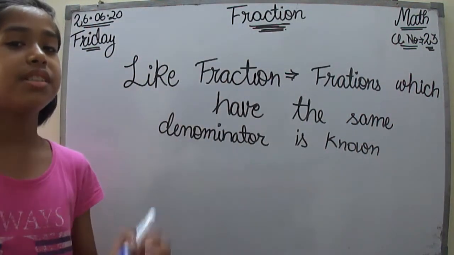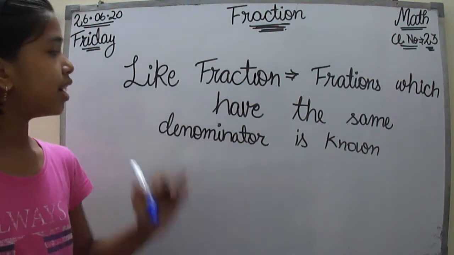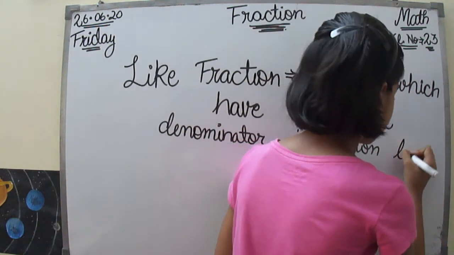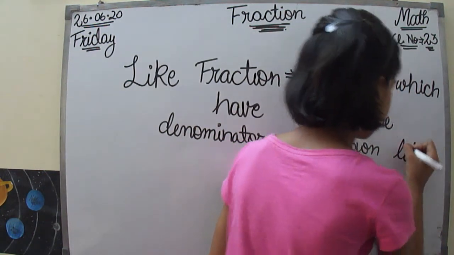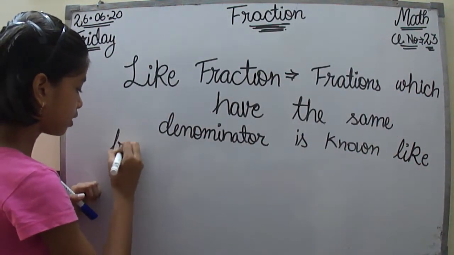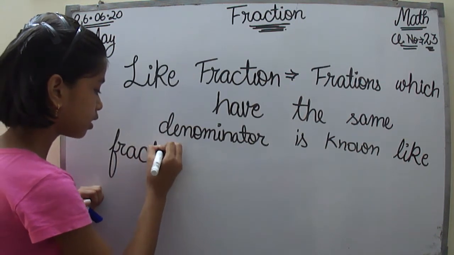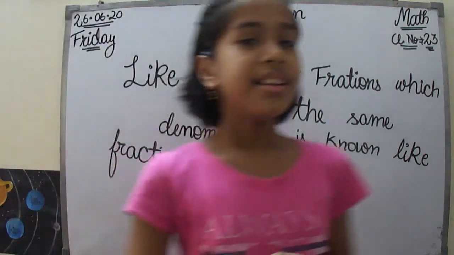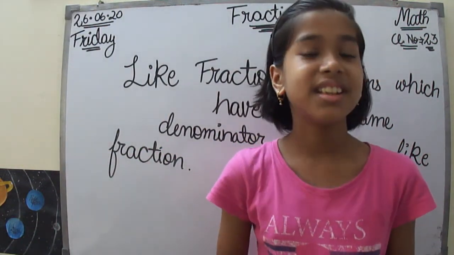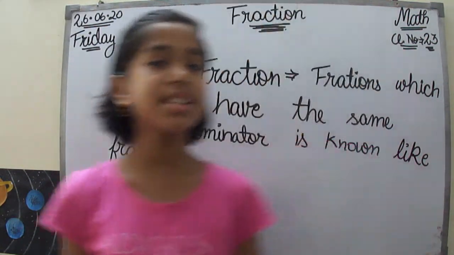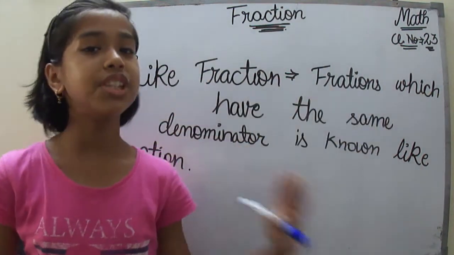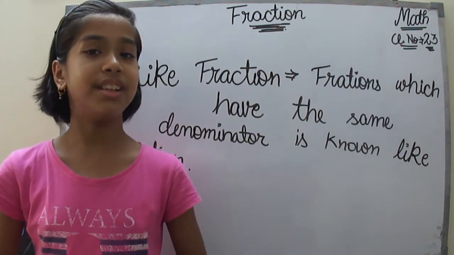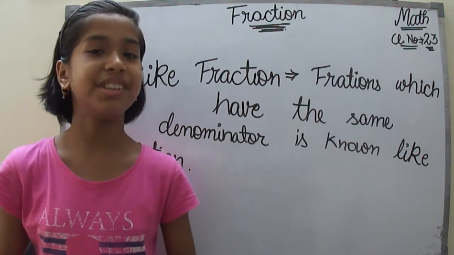Fractions with the same denominator are known as like fractions. Now, the unlike fractions are the fractions which have different denominators, the opposite of like fractions. Simple.